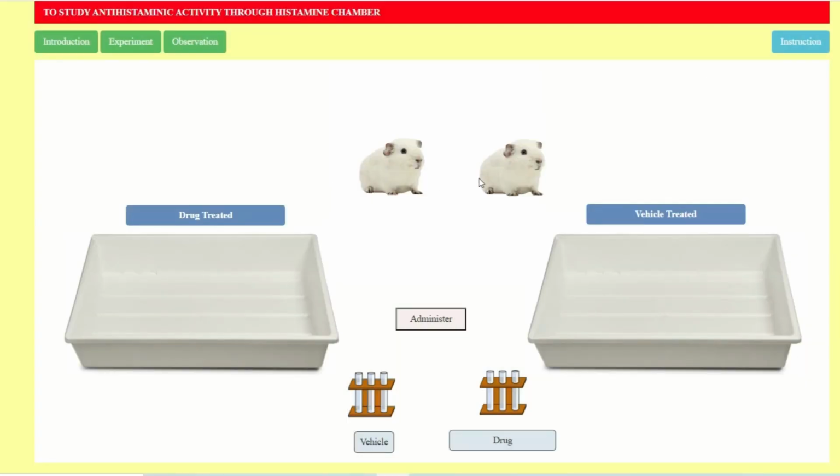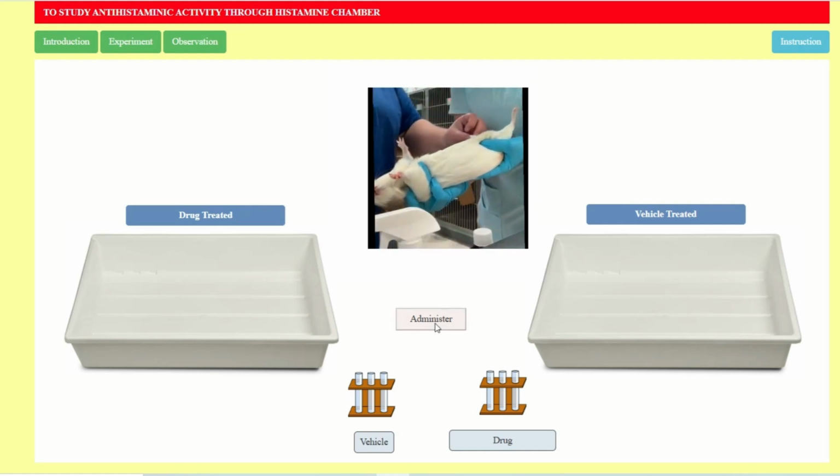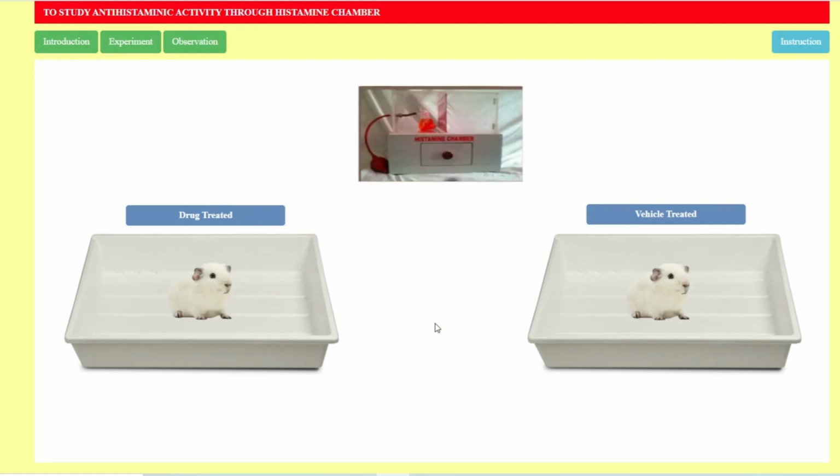So here we have two guinea pigs. One is vehicle treated and one is drug treated. So now we will administer the antihistaminic drug and normal saline. We can give an IP dose to these animals. Now we will click the animals.